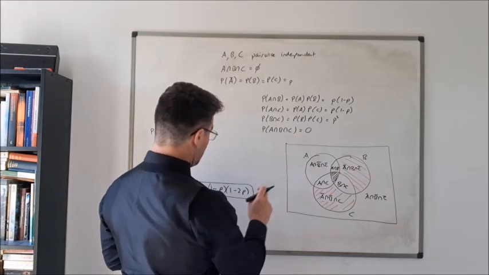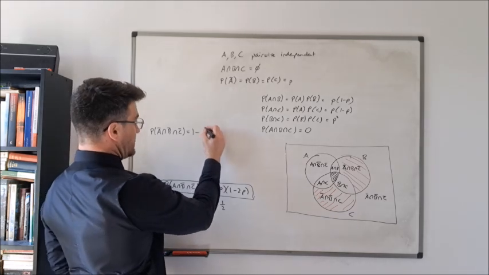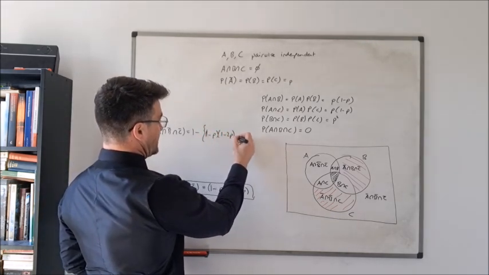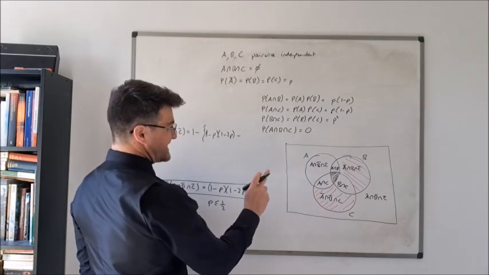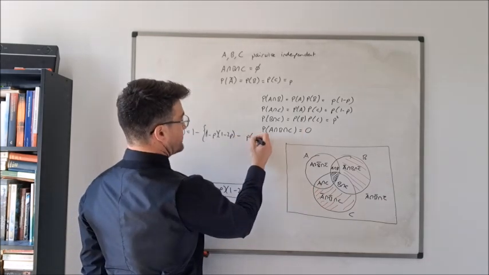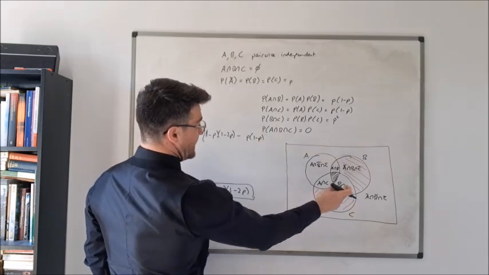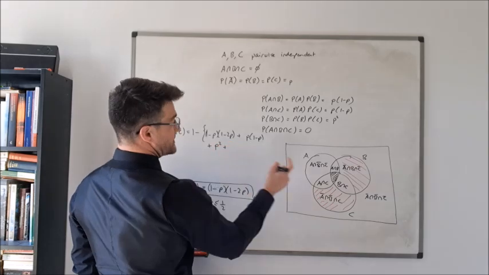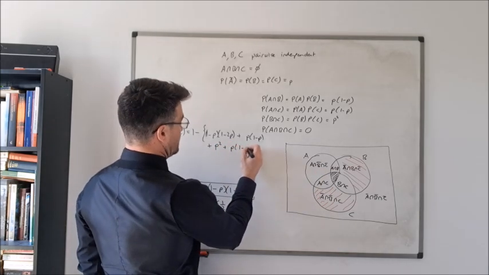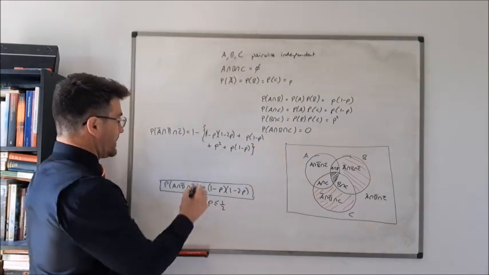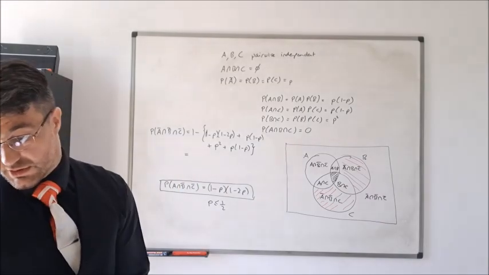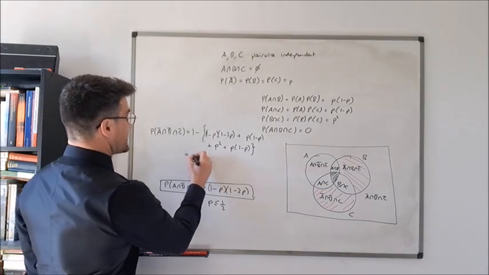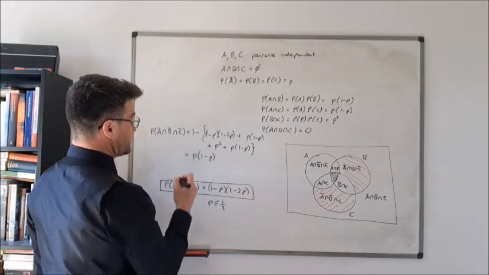So the one that we've just calculated, in brackets, 1 minus P times 1 minus 2P, minus A intersect C, which is P times 1 minus P, plus B intersect C plus A intersect B. You do all of the cancelling out and you just end up with P times 1 minus P.